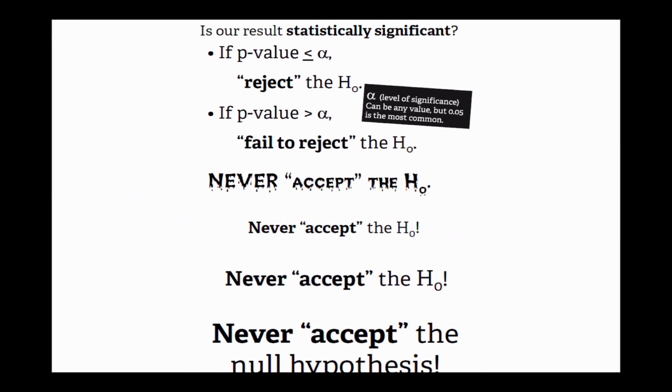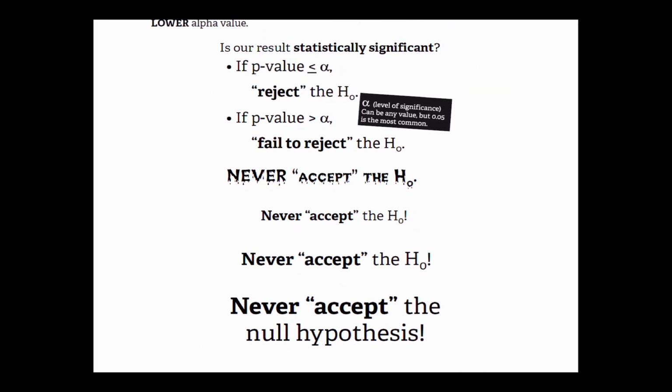Okay? We never say you're right. Mr. Flores, you're right, 3.2, that was right. No, we never say you're right. We never, ever, ever accept the answer. We always, always, always just either say, we reject your claim because p-value was really small, or fail to reject because our p-value was too high. Okay?